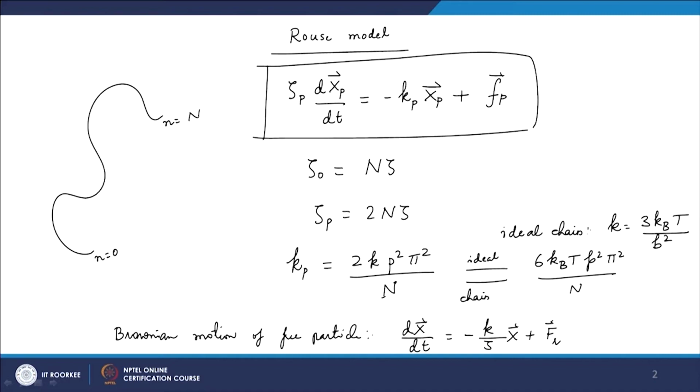And now, the equation we have written, of course, this is for different values of p, looks very similar in form to the equation for the Brownian motion of a free particle. So, all the math we did for the displacement, correlation functions and so on for the free particle case will apply in this case for particular values of p.